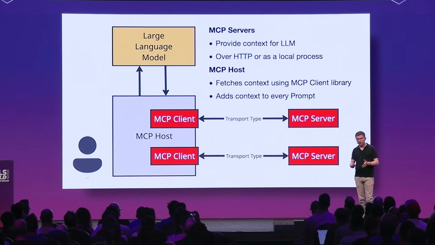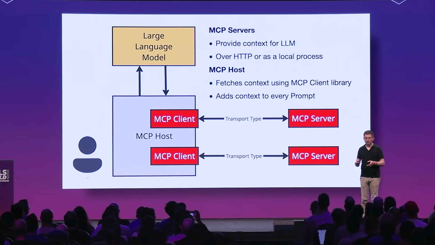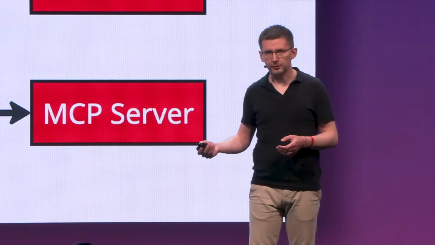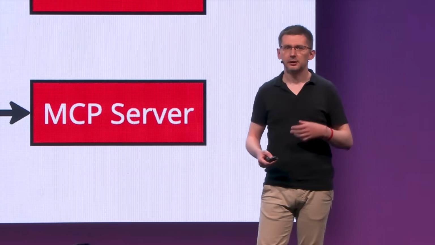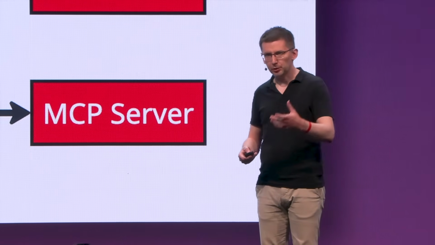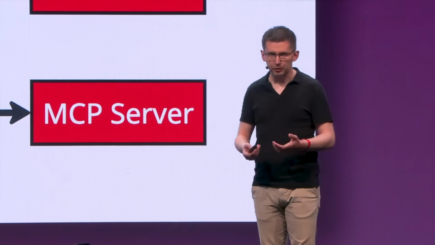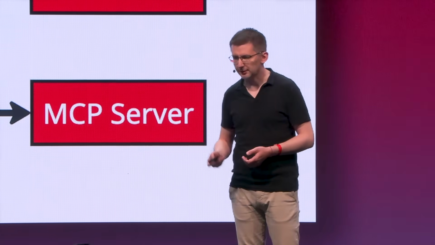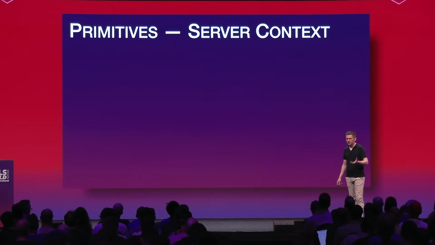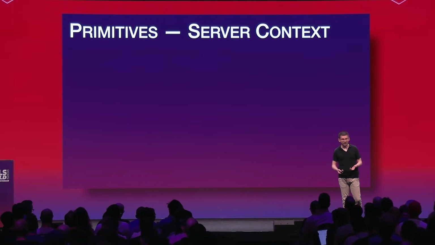The MCP host, the central piece of this architecture, fetches context from MCP servers using MCP client libraries, and whenever it sends a prompt, the prompt is enriched with the context from MCP servers. We'll do an exercise in a second. So I've said that MCP servers expose context so many times already, but what is this additional context?